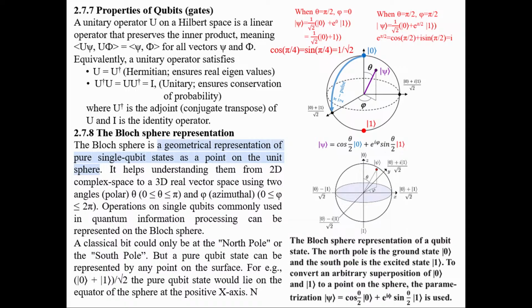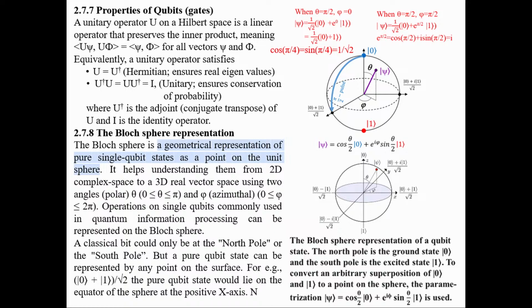Okay, these qubits can be represented on a Bloch sphere. Any point represents a vector joining to the center, and you can calculate this psi by using the polar and the azimuthal coordinates.